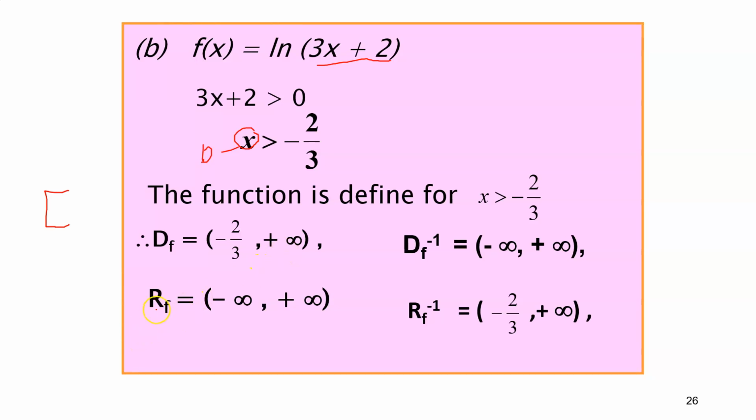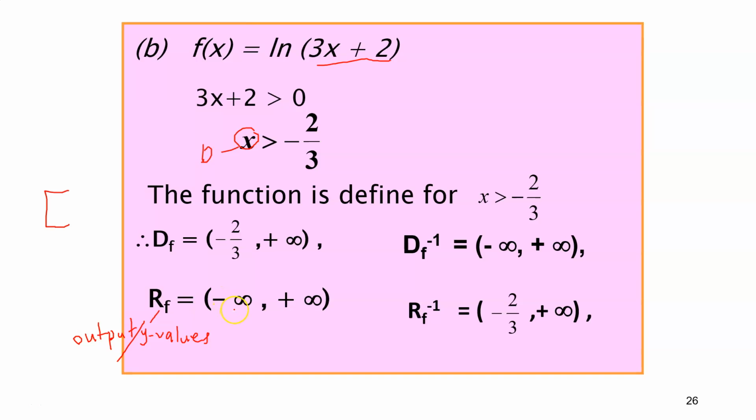And how about the range? The range will be the y values. Okay? Bila you substitute the value of x into the function, you will get an output, right? The output is actually the y values.